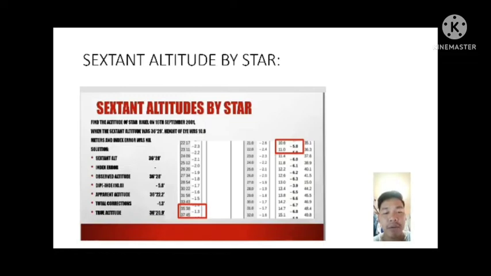So we need to subtract the two. 36 degrees 28 minutes minus 5.8 minutes equals 36 degrees 22.2 minutes. The total correction was negative 1.3 minutes, and we subtract it from the apparent altitude. So the answer is 36 degrees 20.9 minutes.